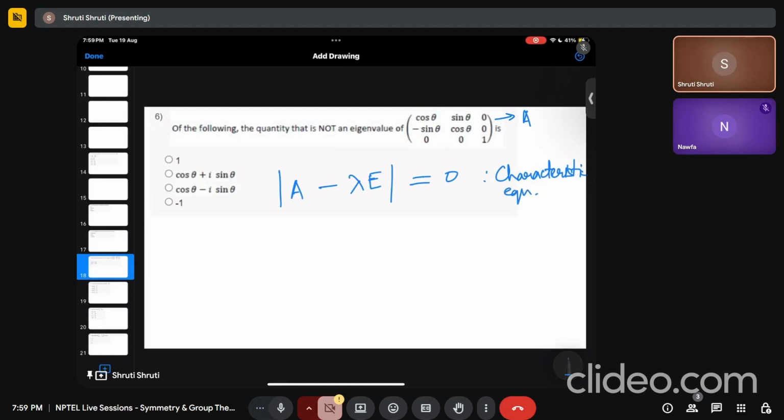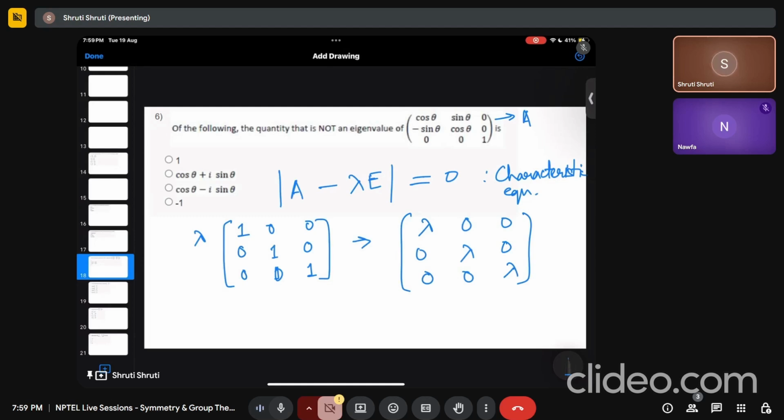So now lambda times E. Here we have 3 cross 3, so I'll take a 3 cross 3 identity matrix. This is E. If I multiply it with lambda, it becomes lambda 0 0, 0 lambda 0, 0 0 lambda. Fine.